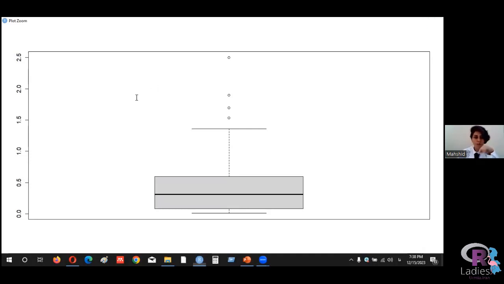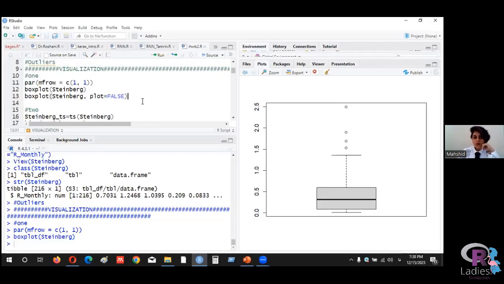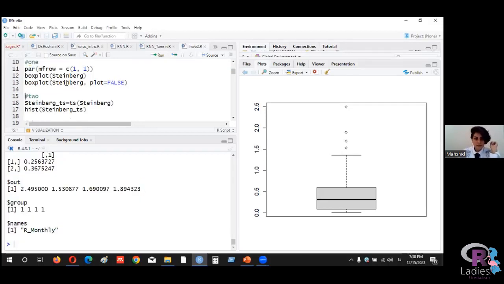If I want to know more detail about these 4 outliers, I can use this code. By using this code, I have a section called out, meaning outliers, and they are the exact amounts of these 4 data points, but not the place. I just know the amount of them.